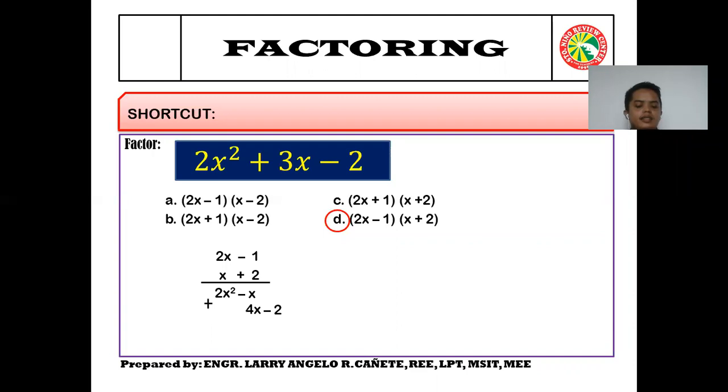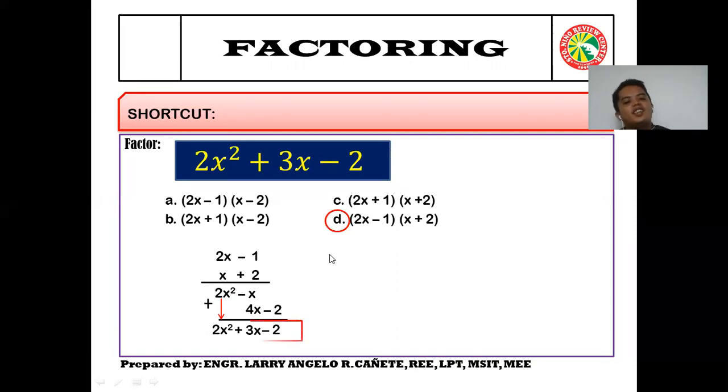So add: bring down 2x squared, and then negative x plus 4x is 3x, and then bring down negative 2. So as you have noticed, upon checking, it is the same as the question or the given problem in the board exam. Then, with that, we conclude that D is the answer.